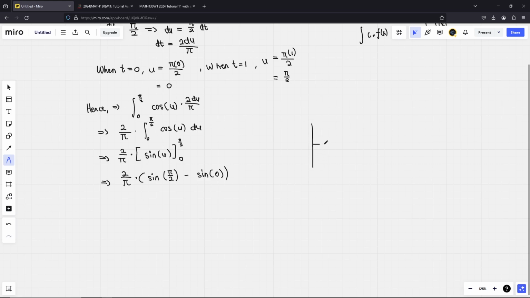Now let's think about the graph of sine. The graph of sine goes 0, 1, 0, minus 1, and then it keeps going. Here is going to be x is 0, here is going to be π by 2 because this is 90 degrees, and then there's going to be π, and so on.